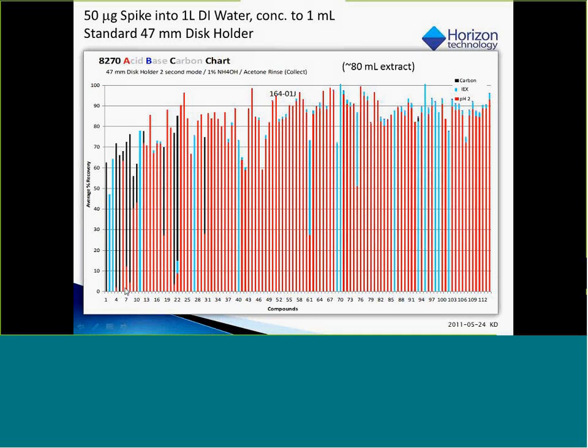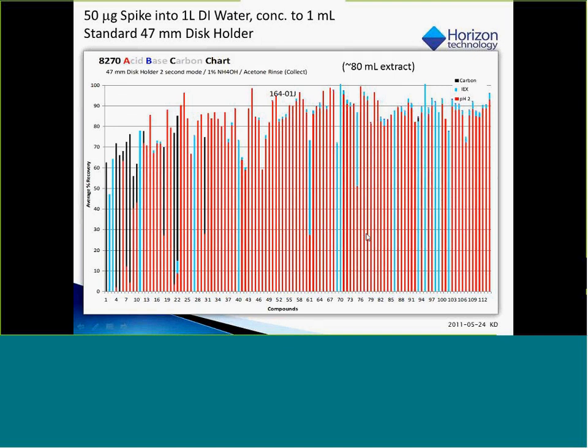We've got the black for the ones that are retained on the carbon cartridge, the blue for the ones that are on the ion exchange cartridge, and the red for the ones that are done with the normal HLB components. You can see that the disk and the carbon cartridge combination are very effective at the full suite of analytes that are thrown at it.